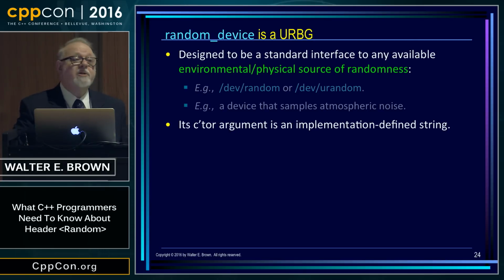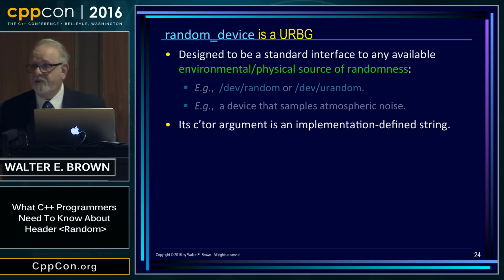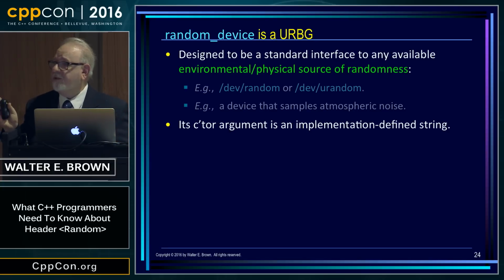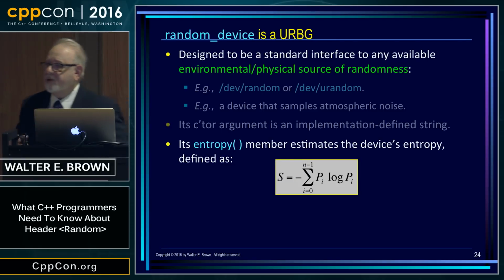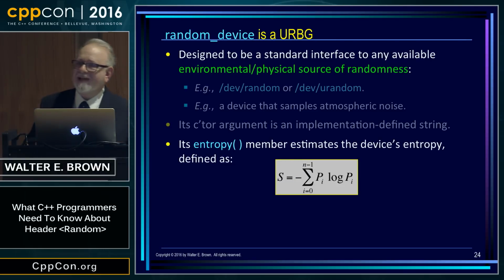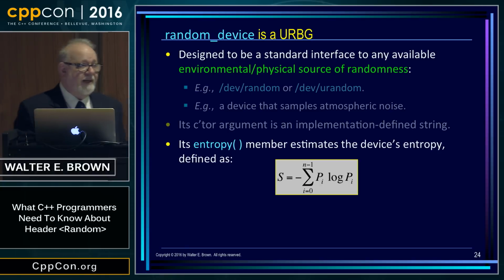I mean, you may have multiple sources of randomness, right? So a user-defined, implementation-defined string lets you choose among them, for example, dev-random versus dev-urandom. You may have access to both, et cetera, et cetera. Okay? Interestingly, there is also a member function here named entropy, designed to give you an estimate of, well, guess what?